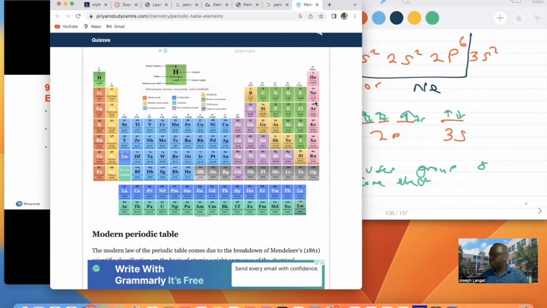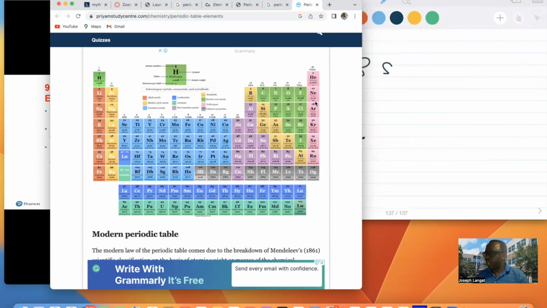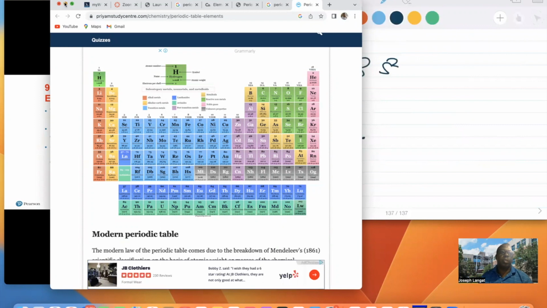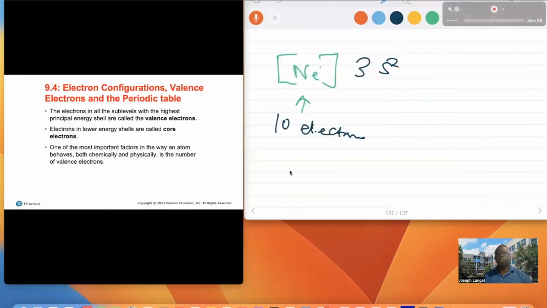So you write 3s2. That is how you write the shorthand electron configuration for magnesium.